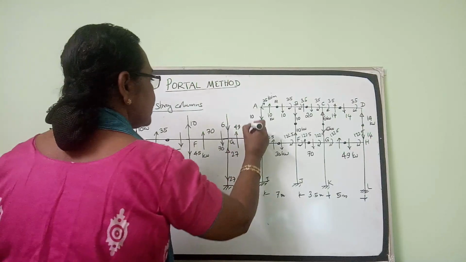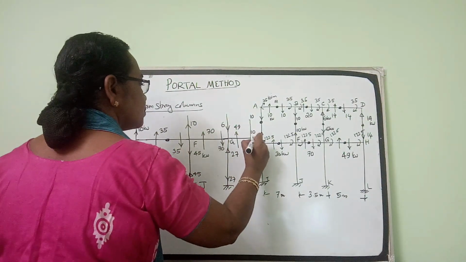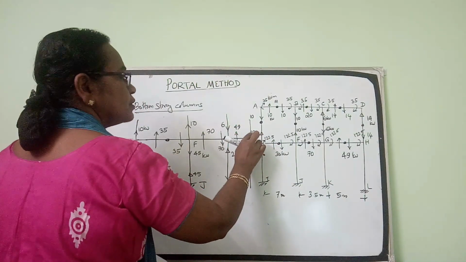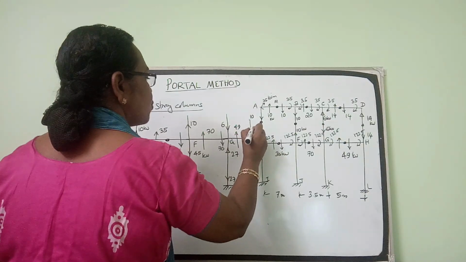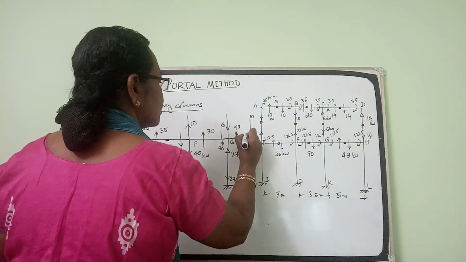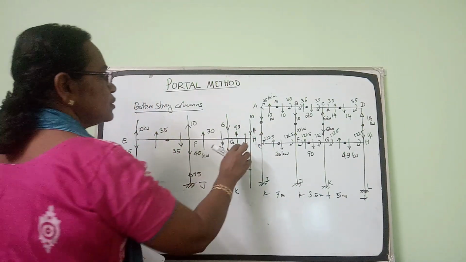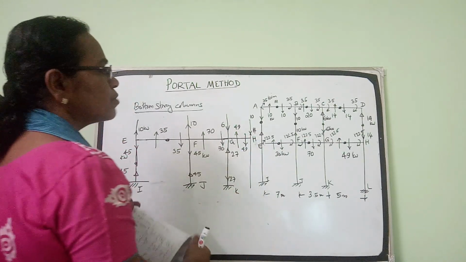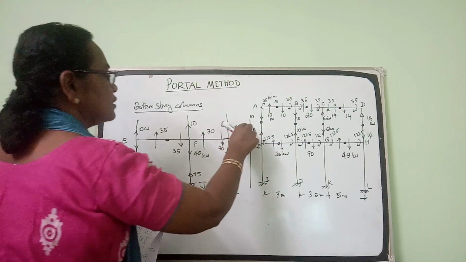Now coming to joint H. In the joint H, the column force is 14 acting downward. This side 49 is acting downward. So the net force is 49 plus 14, 63, acting downwards.